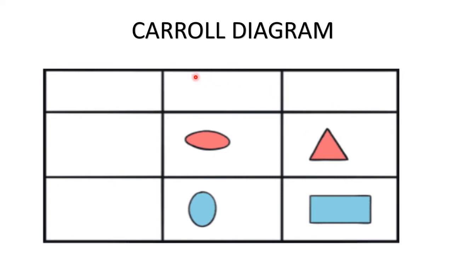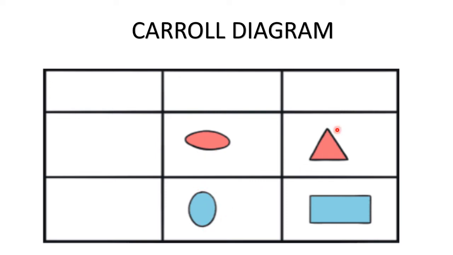Let's take a look at another similar Carroll diagram. Again, can you think of a rule for these shapes? Well, in the first column here, we have an oval and another oval circle-y shape.